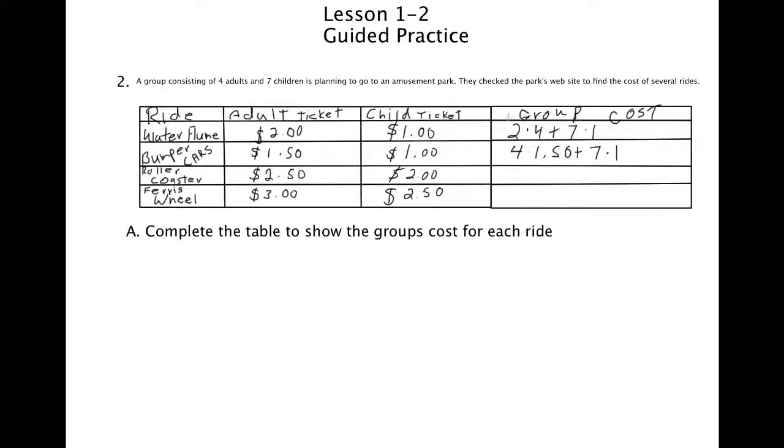Okay, I think I'm going to go ahead and switch this one over here real quick. Kind of got them out of order, so I'm going to use the commutative property of multiplication, and we'll just make that 4 times 2. That way things are lined up. So this one is 4 times, what's the cost?